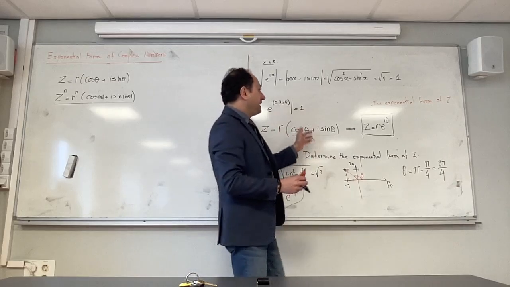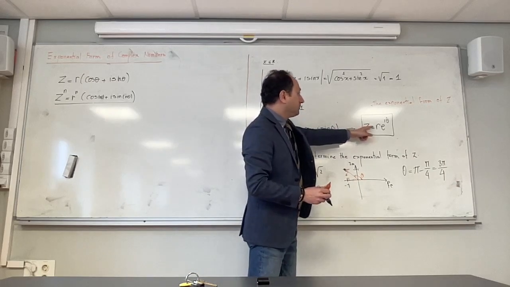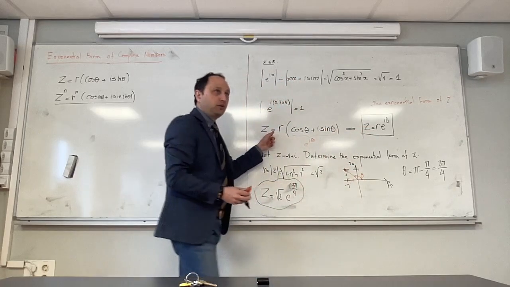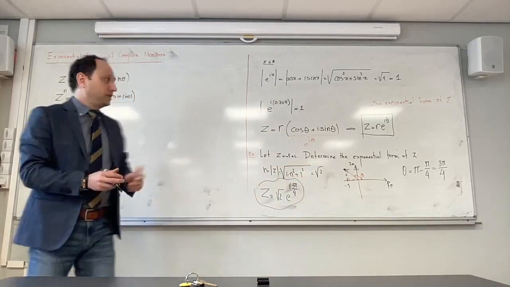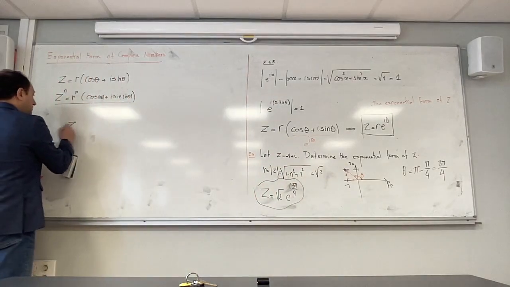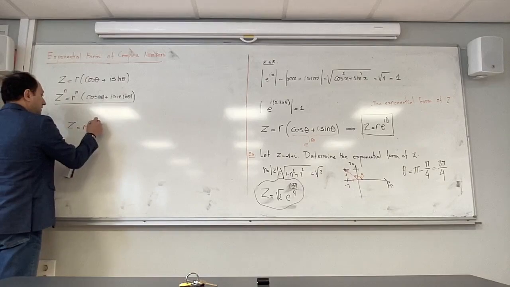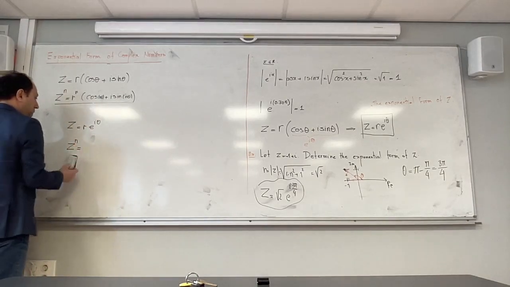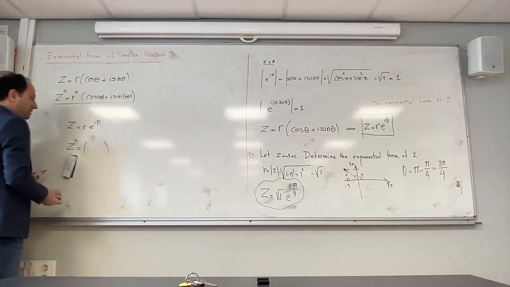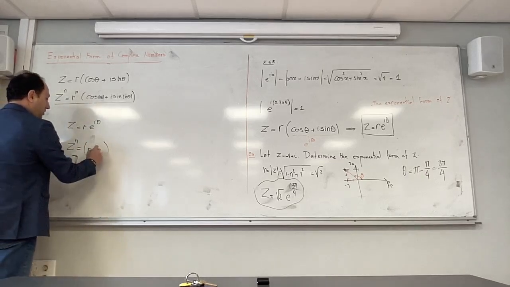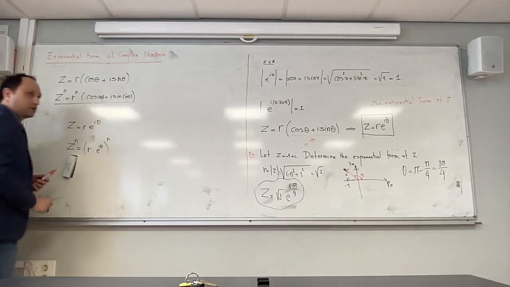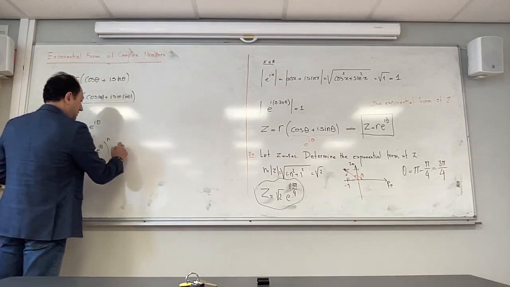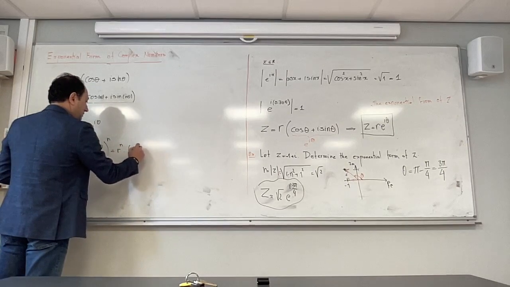Okay, because if you work with the exponential form, you will have all the benefits of the polar form, but you don't need to memorize anything. For example, if I give you this number, and I ask you to raise it to power n. Even a Math 1C lesson is probably enough. You just say that this is the product of these two. I want to raise it to power n. So what do you do? You raise this part to power n, and then you raise the second part to power n.